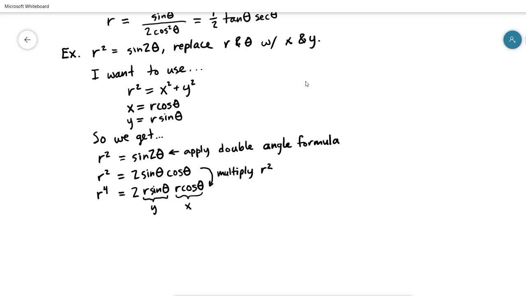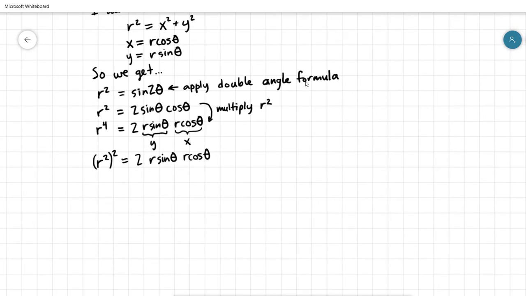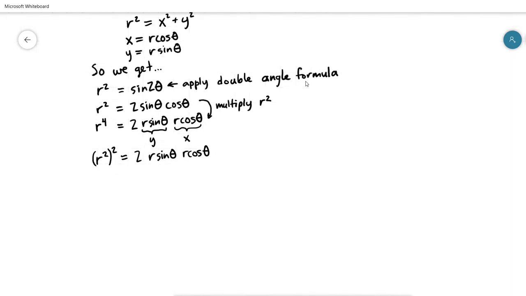And so I want to think of that r to the 4th as r squared squared. And now I really have this set up with all the pieces exactly as I want them to make a quick, easy conversion. So on this side, the r squared, we said that's x squared plus y squared. And that r squared is being squared itself, so there's another square there.